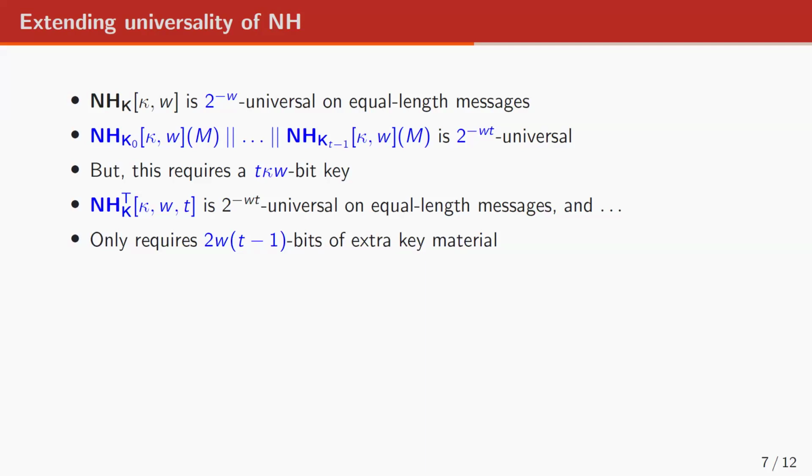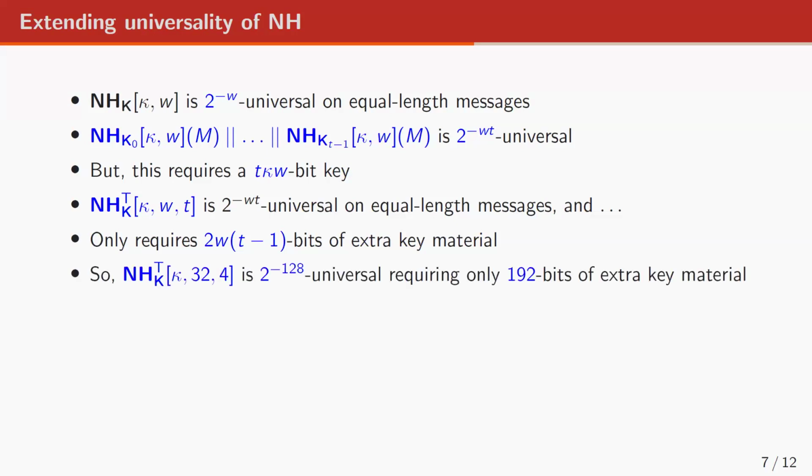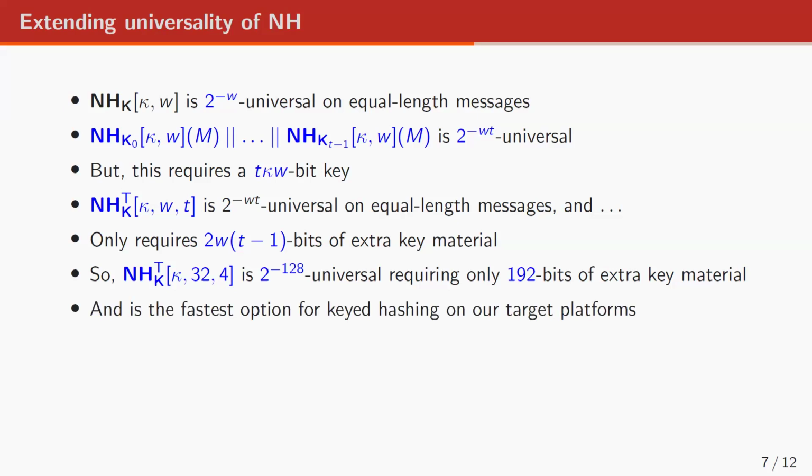To give a more concrete example, if we look at NH with word size 32 and T equal to 4, that gives rise to a 2 to the power minus 128 universal hash function, and this only requires 192 bits of extra key material. This is the fastest option for keyed hashing on our target platforms because the dimensions of 4 are very well suited to the SIMD instruction sets. And this is the function that we will be comparing our proposed keyed hash function with.